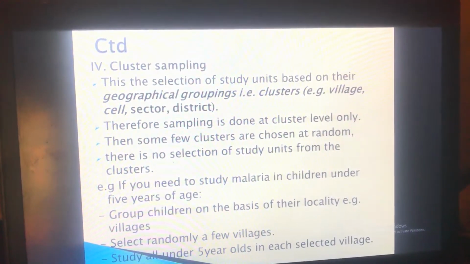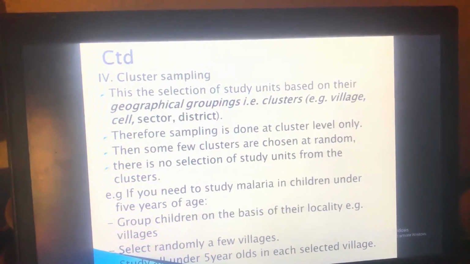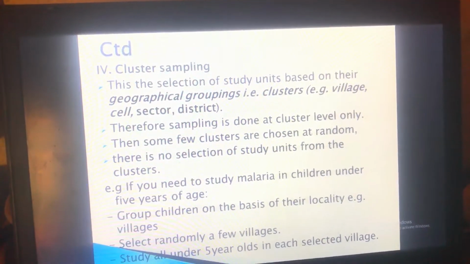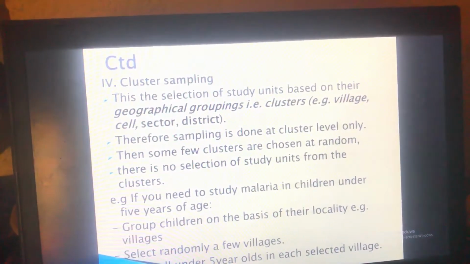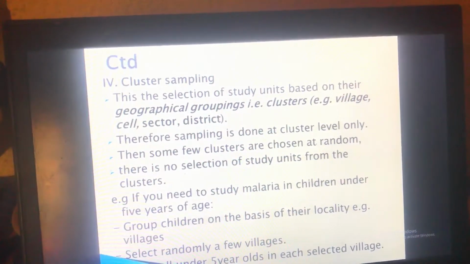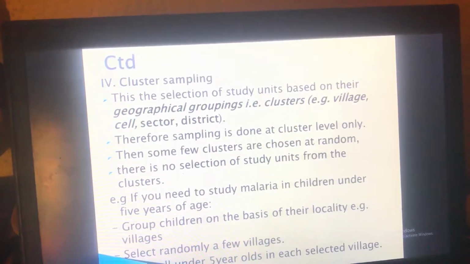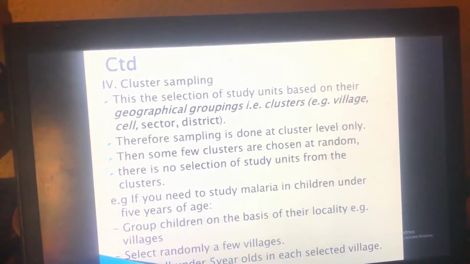Another probability method is cluster sampling. This is the selection of study units based on geographical grouping. Therefore, sampling is done at cluster level only. Then, a few clusters are chosen at random. There is no selection of study units from the clusters.